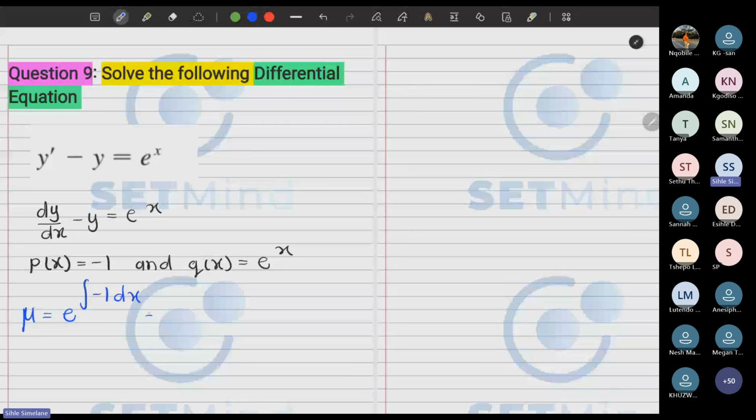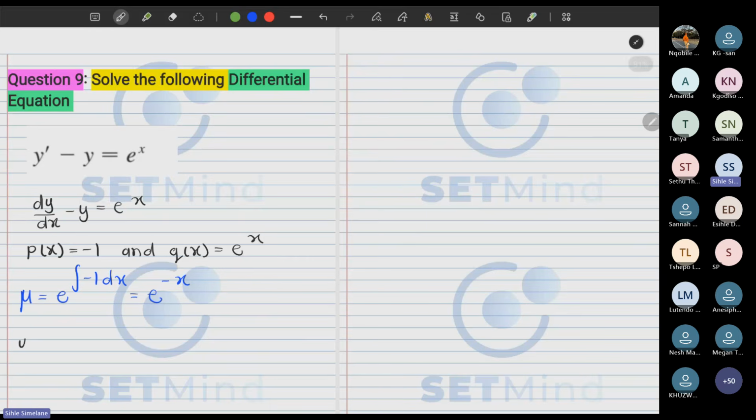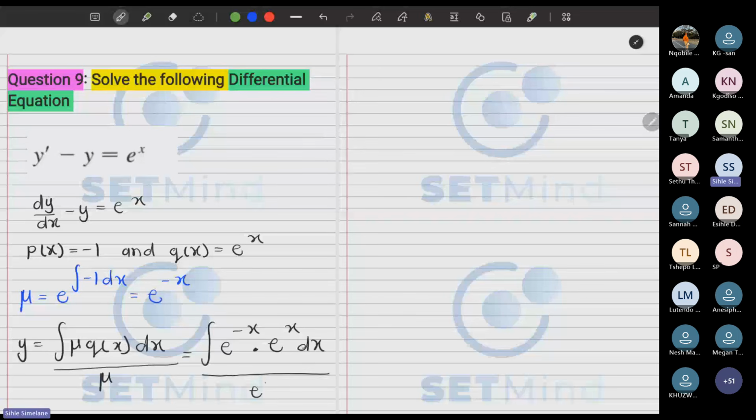And guess what? Once we find this, we can now go and find y. So our y is always equal to our factor multiplying our q of x dx divided by the same factor. So what this means is we have e to the negative x times e to the x dx divided by e to the negative x.